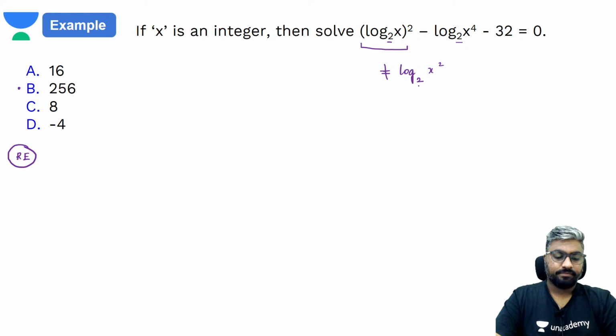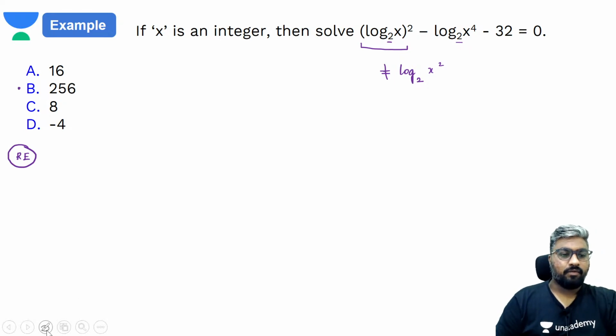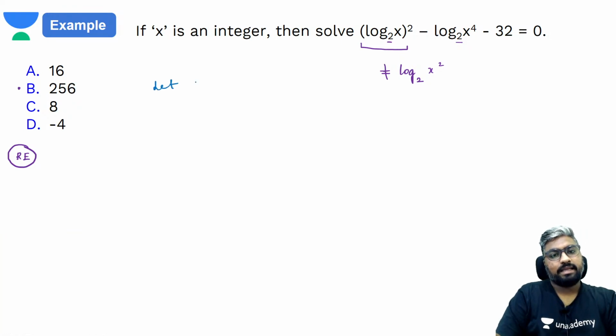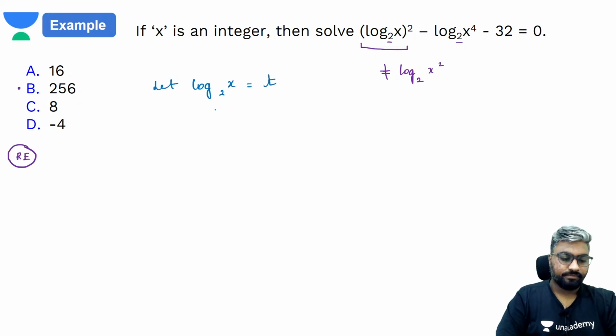Quickly try. Okay, so how will we solve this traditionally? We will assume let log x to the base 2 be some new variable like t. Before that, let's simplify this a little bit.